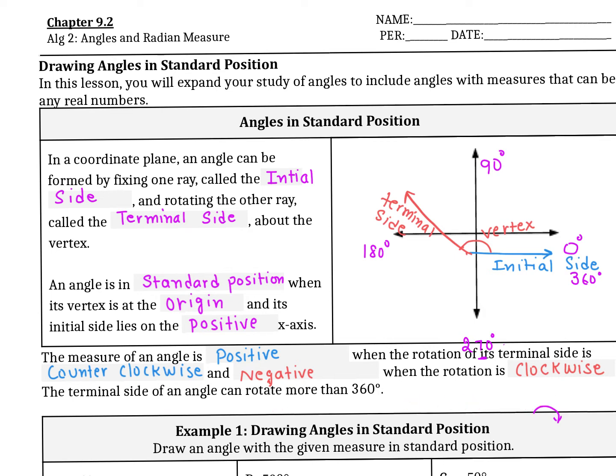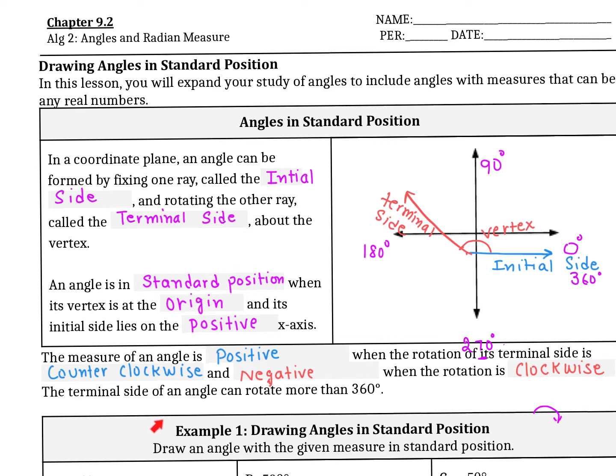You just have to think how a clock is turning. So the clock is going this way. When you're measuring the angle this way, not counterclockwise but starting from 0 and measuring clockwise, then the angle would be negative.